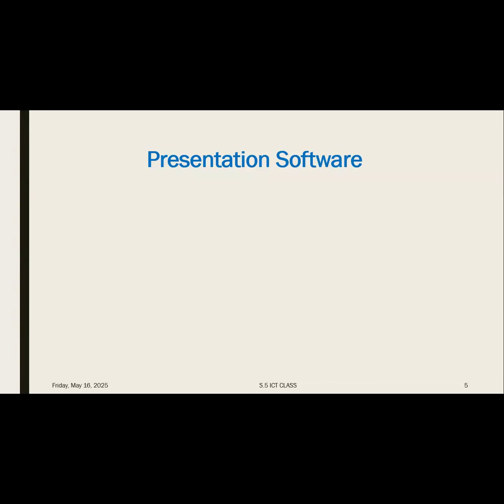Purpose means the reason why they were created. It means that the major purpose is what we shall always carry on going forward. So the purpose of Microsoft PowerPoint is for presentation. Then the purpose of Excel is mainly for computation.